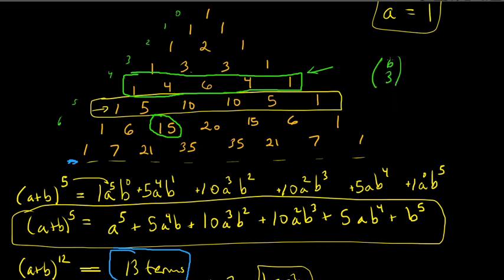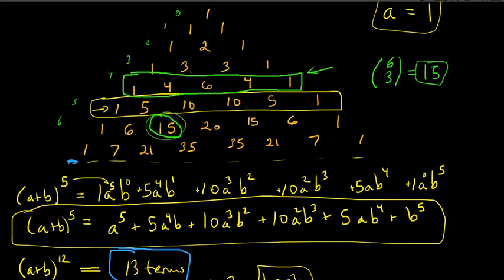So let's say I have a hat and I put 6 names in it, and I want to take out 3 of the names. So how many different ways can I choose 3 names out of the 6? It turns out there's going to be 15. Same as this number here.